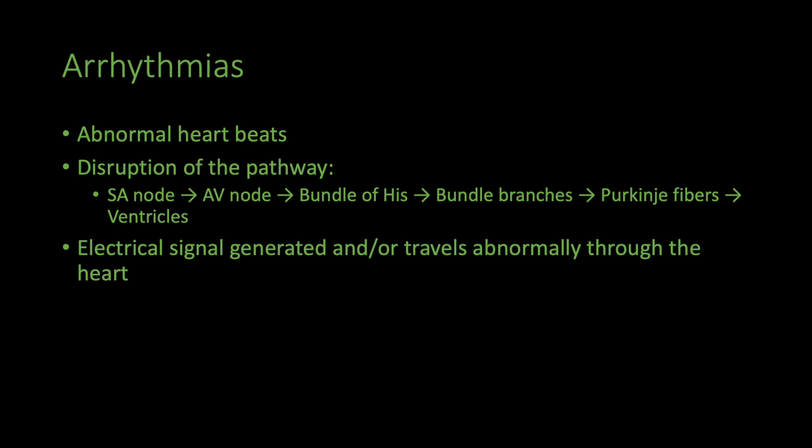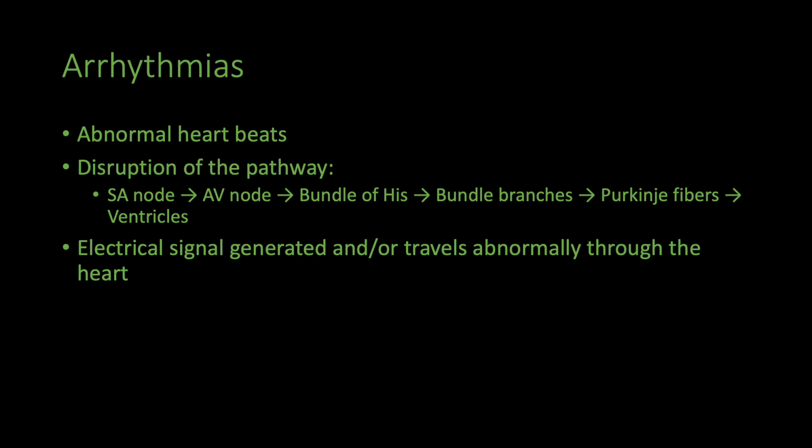So you have to understand that arrhythmias are generally just those irregular rhythms. So there's a pathway that's normally used for how the signals are being generated and traveled throughout the heart, electrical signals, and this pathway is important for the heart.